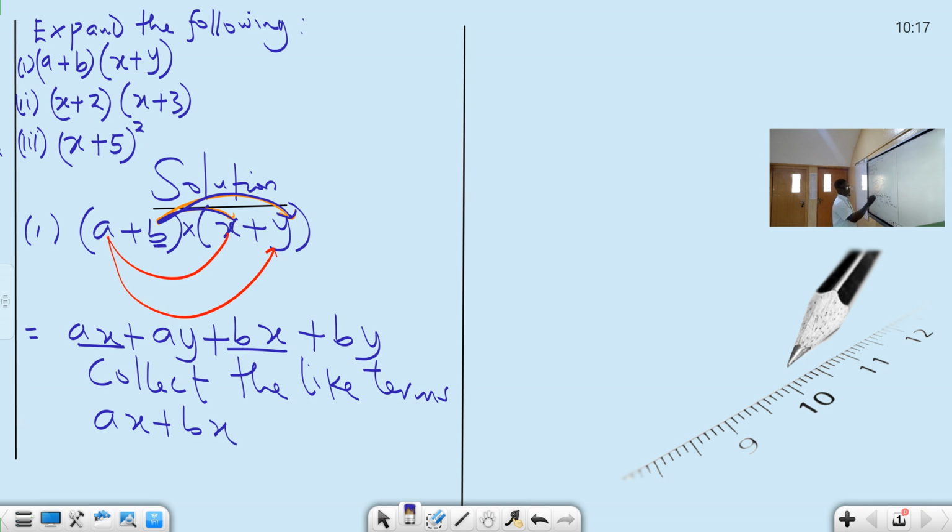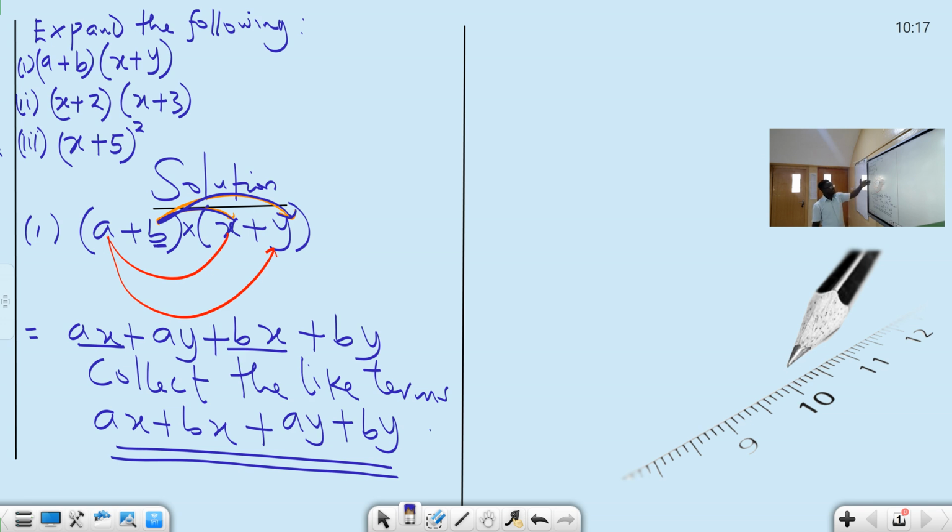Then we also take ay and by, plus ay plus by. So we simplify it like that and we leave it like this. That's our final answer. So this expression in bracket has been expanded to this, and I hope that is clear.